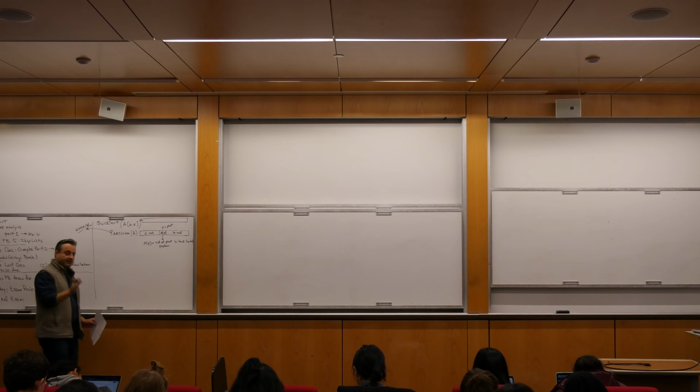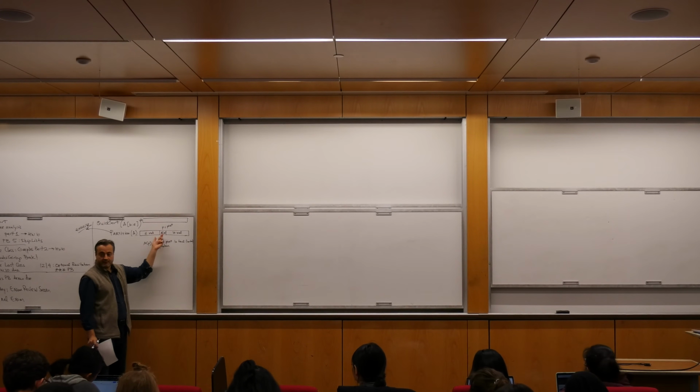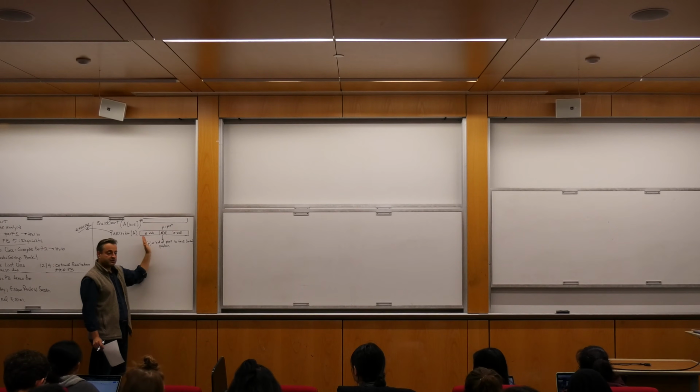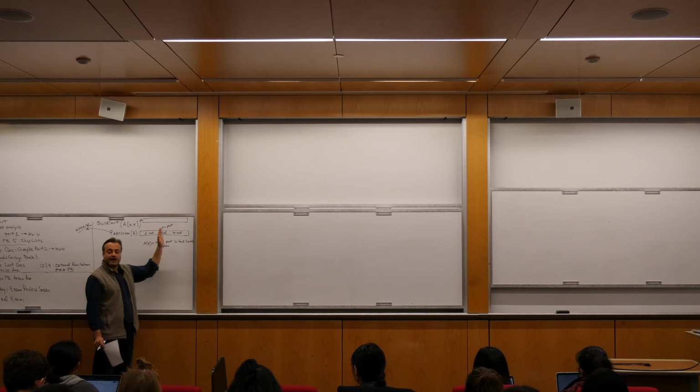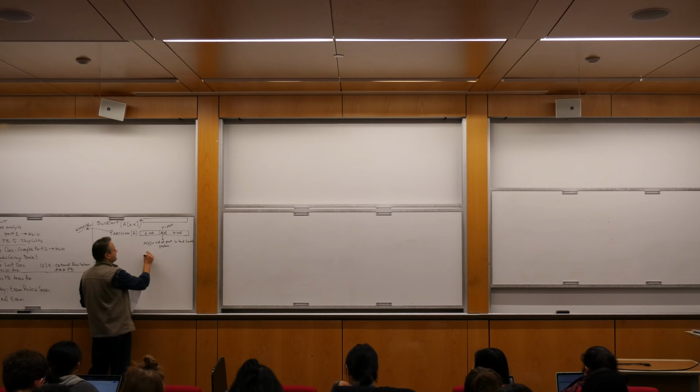So partition does really two things. It puts a pivot, a value that's one of the values of the array, at the pivot index. And then it takes all the values smaller than that and moves them to the left side, and all the values bigger than that to the right side. But the sides are not sorted.